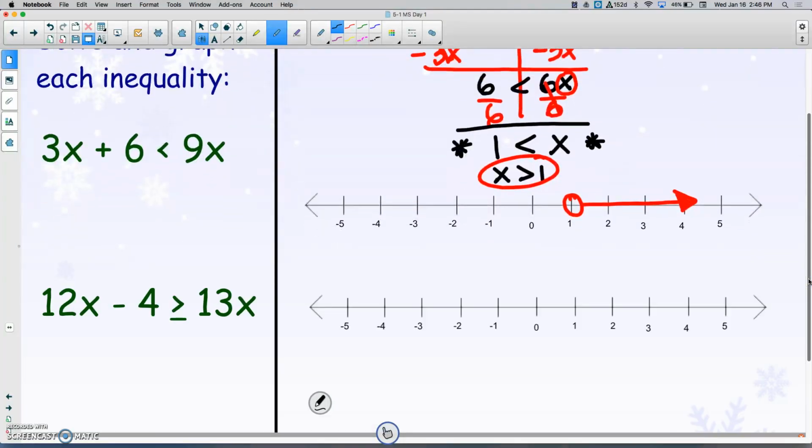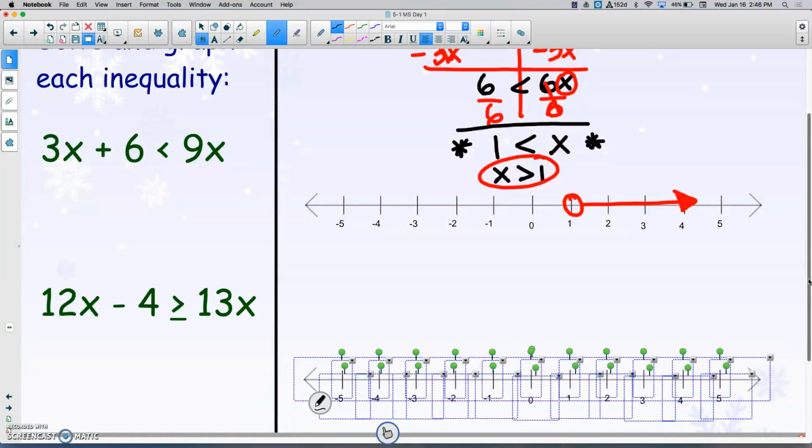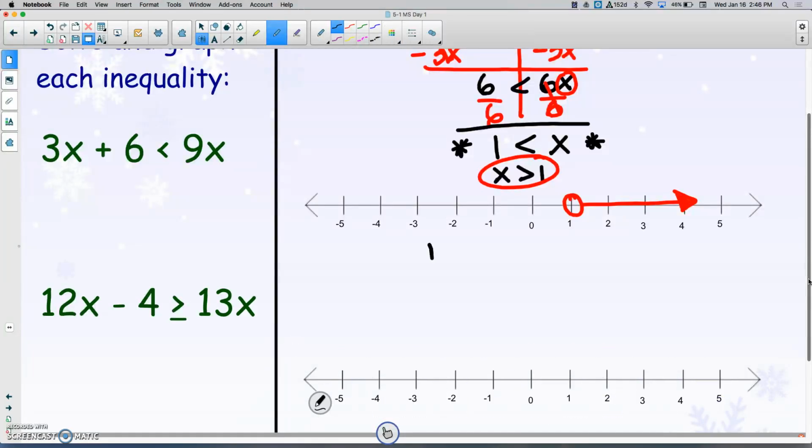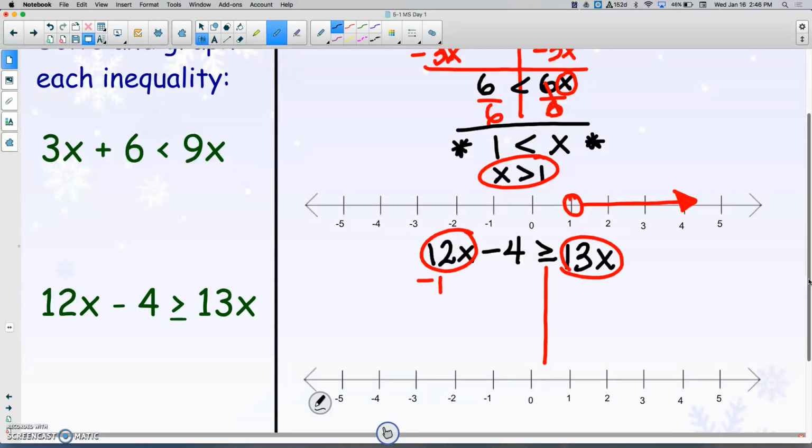And my last one. Subtract away the smaller variable. The smaller one this time is 12x. So negative 4 is greater than or equal to 13x minus 12x is 1x.